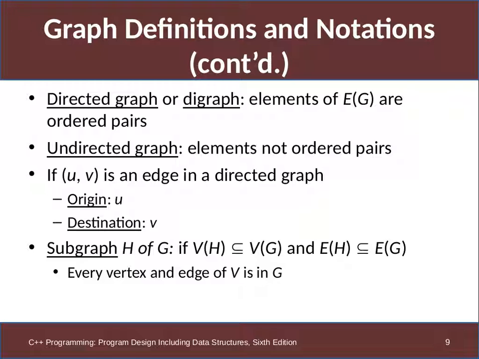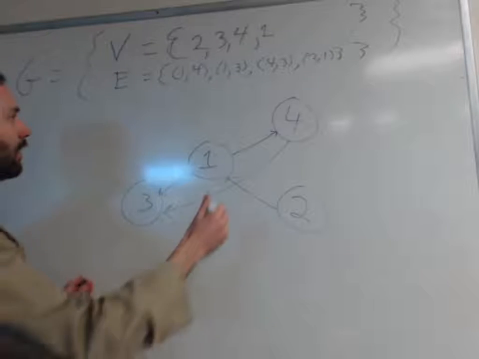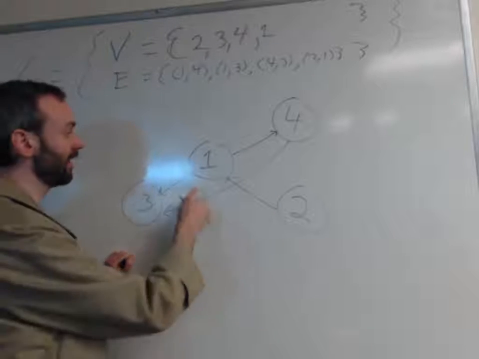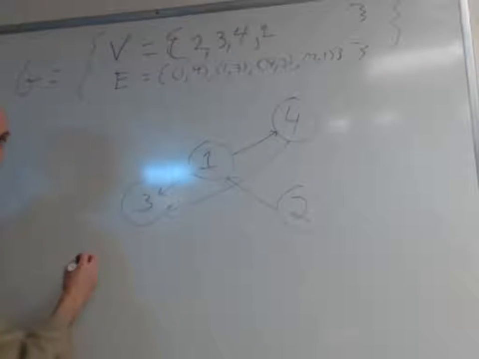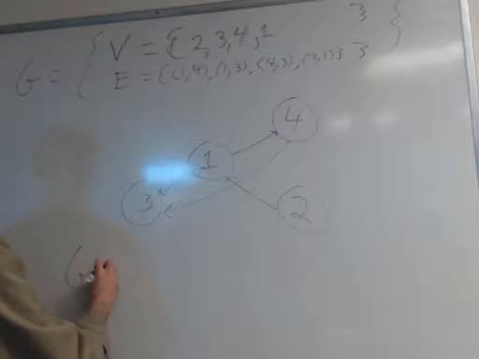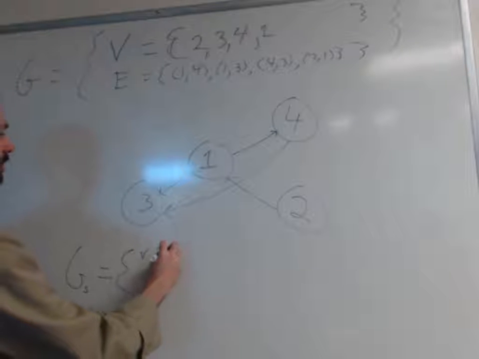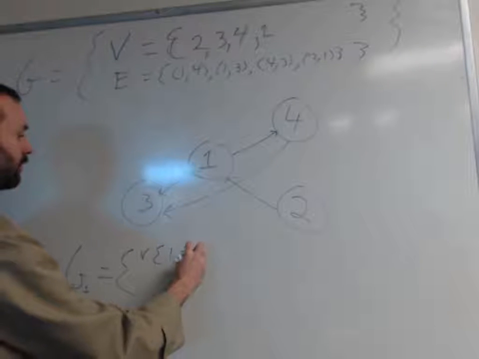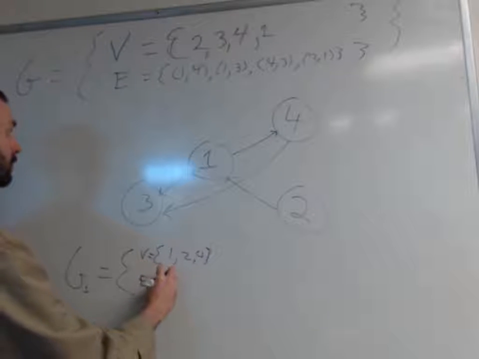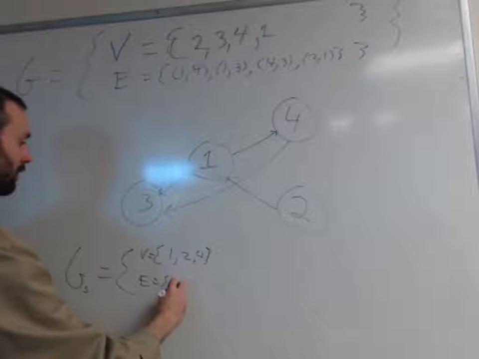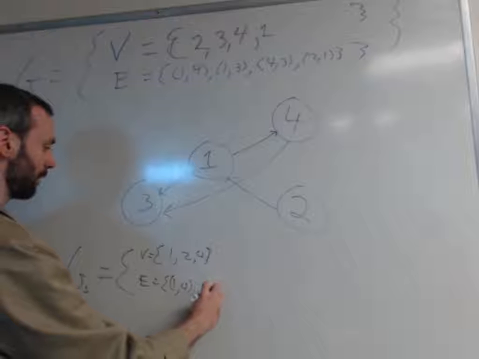All right, a subgraph. We don't need to talk about subgraphs, but hopefully you can tell that if I were to just chop off this 3 and all the edges going to the 3, and I just had 1, 2, and 4, namely, G subgraph equals vertices 1, 2, 4, and then edges equal to 1, 4, and 2, 1.